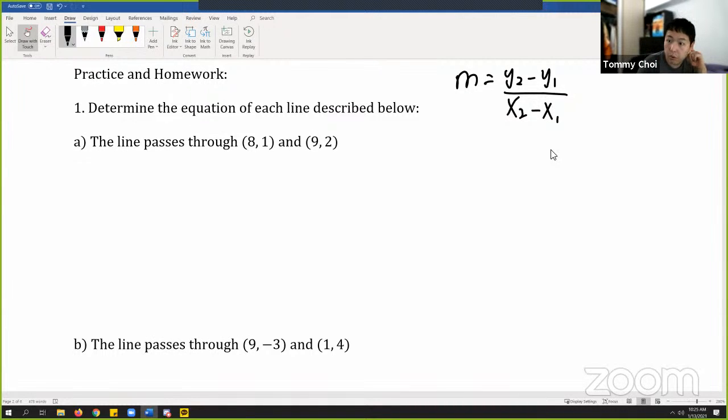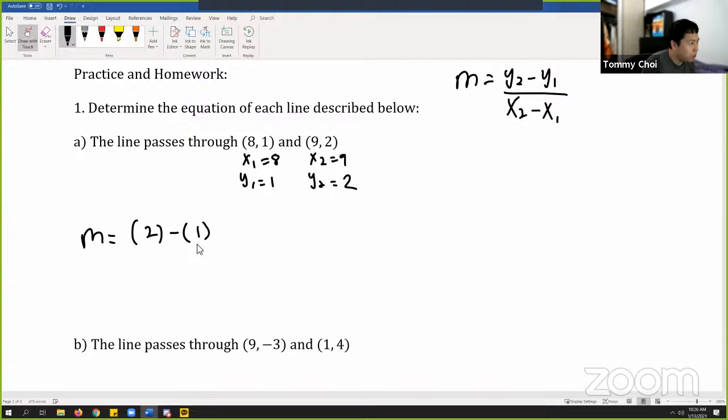That's the slope formula. So here we can immediately write down, oh, x1 is 8, y1 is 1, x2 is 9, and y2 is 2. We have our 2 points.